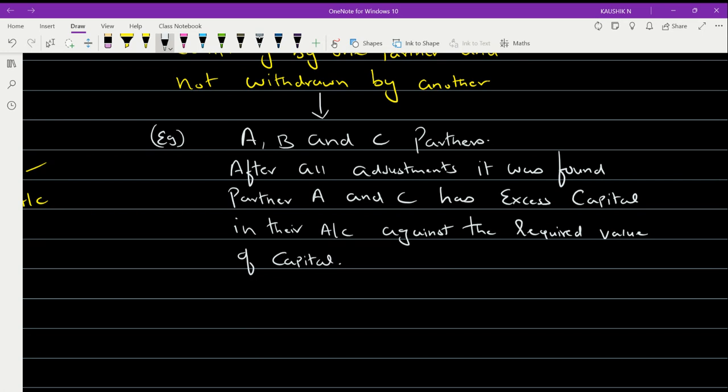It is mentioned that after all adjustments, it was found that partner A and partner C have excess capital in their account against their required value of capital.